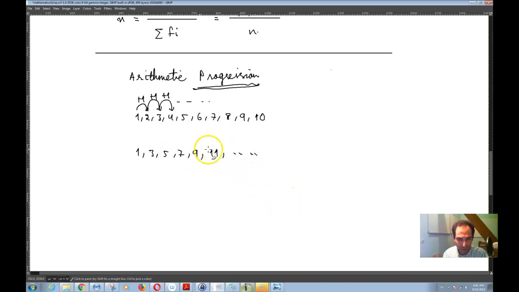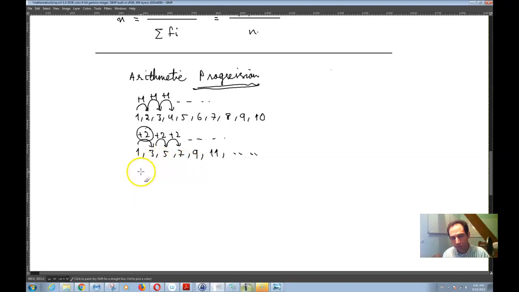That's also an arithmetic progression, because you're adding a 2 each time. That means that the common difference of each of these terms is equal to 2, and so on and so forth.